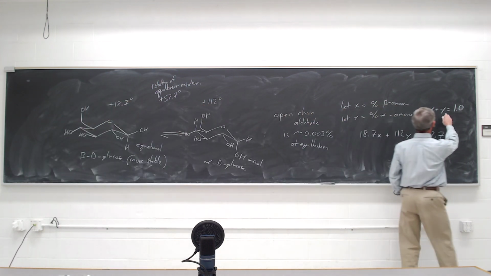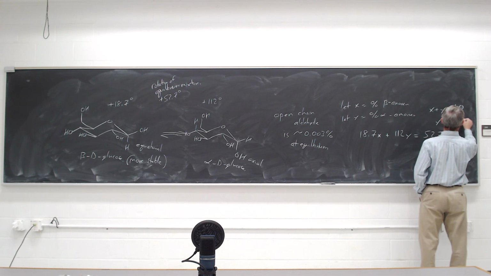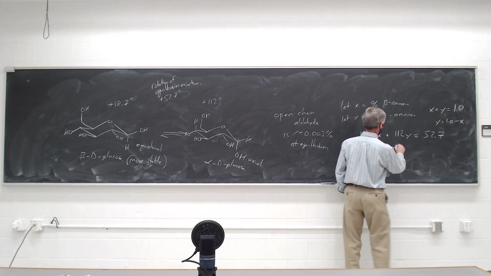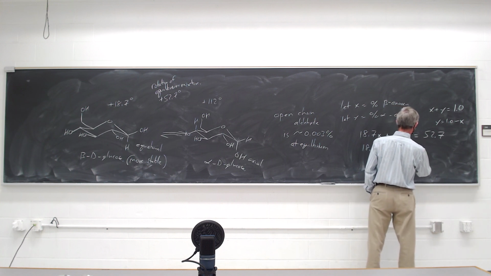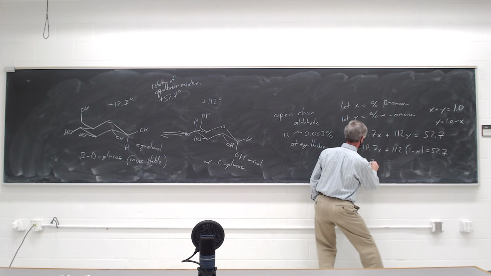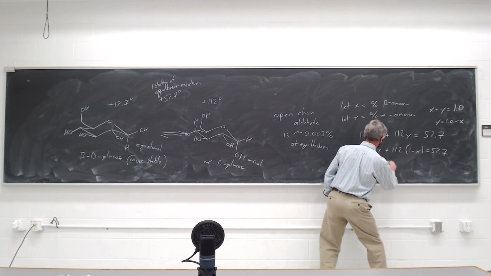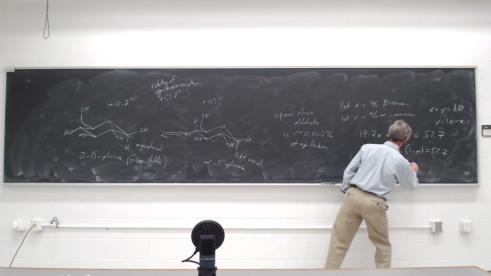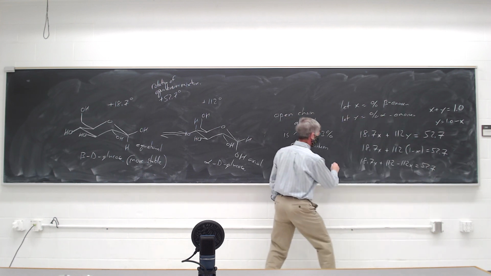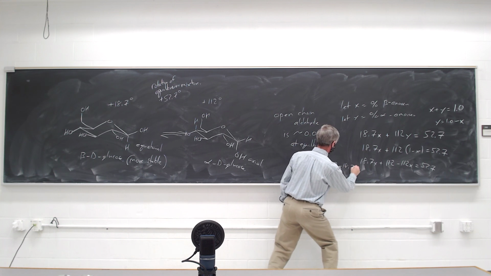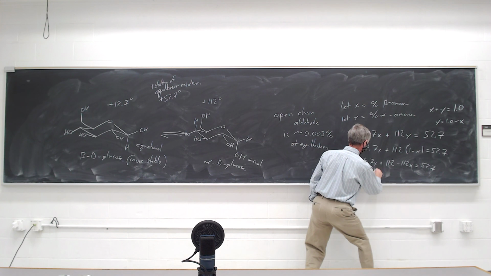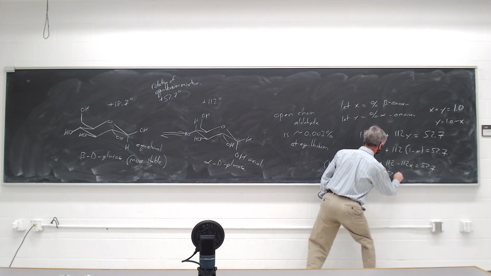Simply set y equal to 1 minus x. Plug that in here: 18.7x plus 112(1 minus x) equals 52.7. 18.7x plus 112 minus 112x equals 52.7. 112 minus 18.7 times x is equal to 112 minus 52.7.